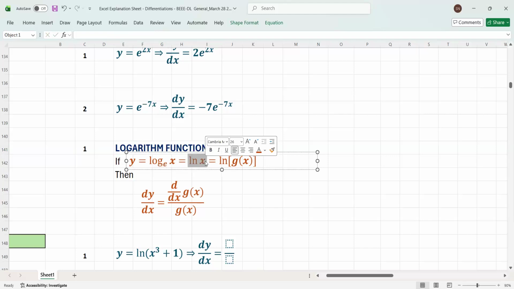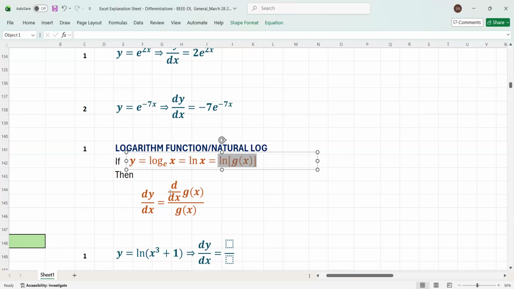Now let's assume that this ln is a function. When you have to differentiate it, you differentiate the variable. So if it's ln 2x, you differentiate 2x. If it's ln of x squared plus 4, you differentiate x squared plus 4. Okay, so this is a formula.